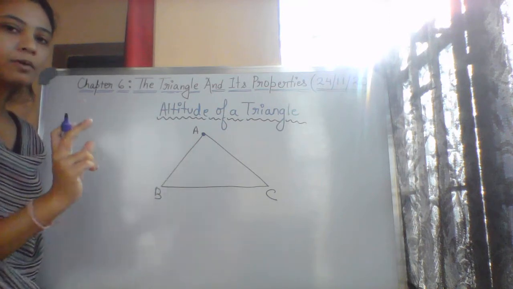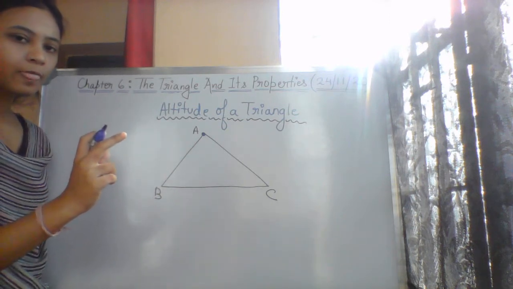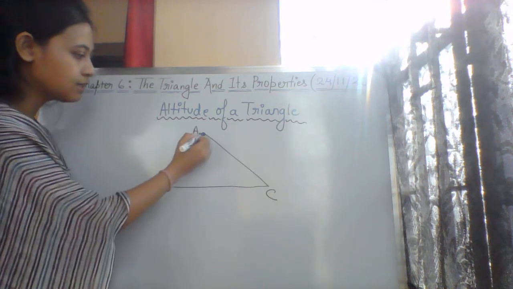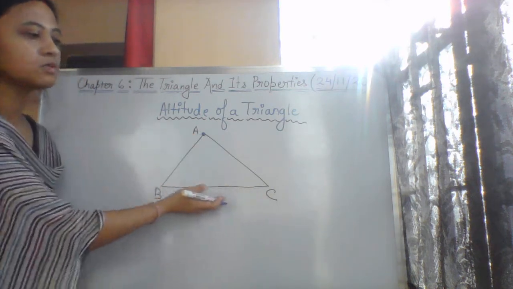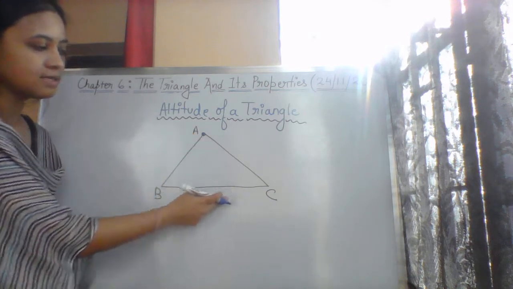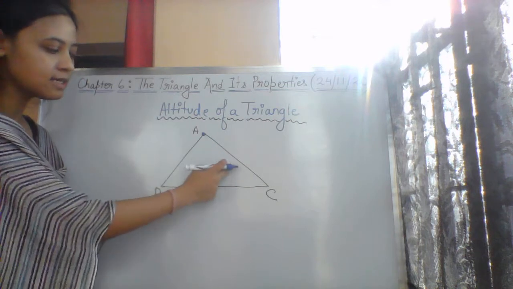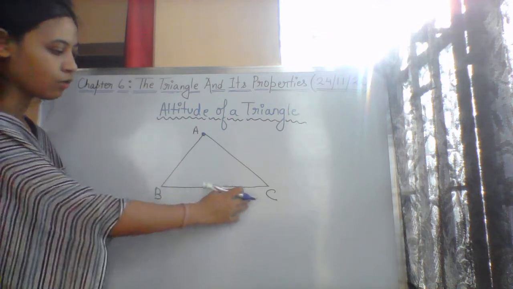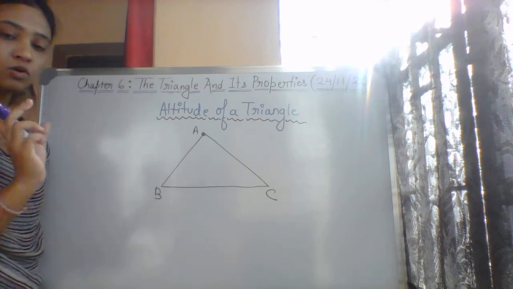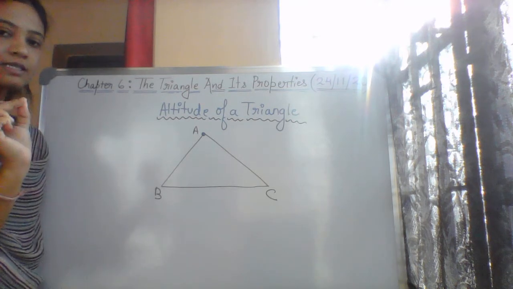What is common between median and altitude? When we are finding an altitude or a median, we always consider the vertex and the side opposite to it. What is the side opposite to vertex A? BC. So we will consider BC, not AC, not AB. So this is the common thing between altitude and median. Don't confuse them. Only this is common.